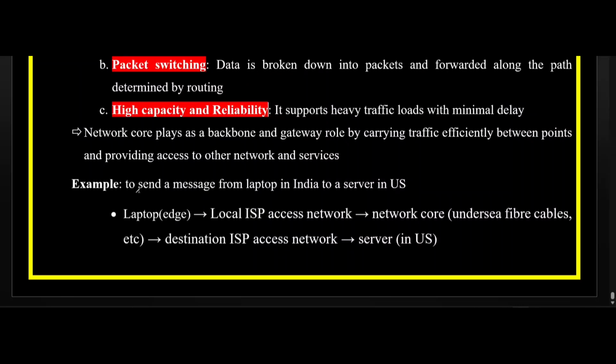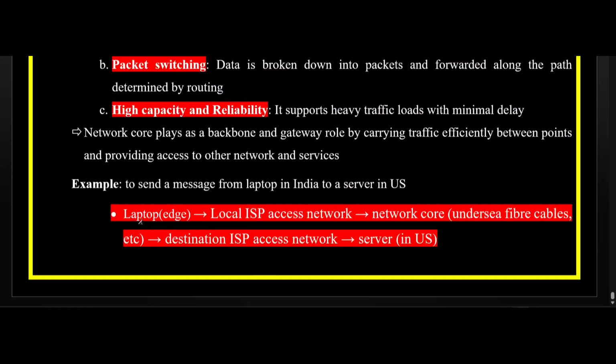If you want to send a message from your laptop in India to a server in US, this is the flow that happens in the backend. Laptop is an edge device. That particular message reaches the local internet service provider access network and then the network core.